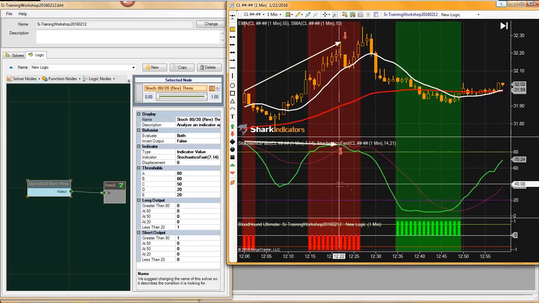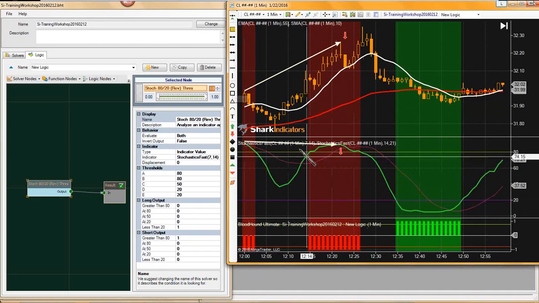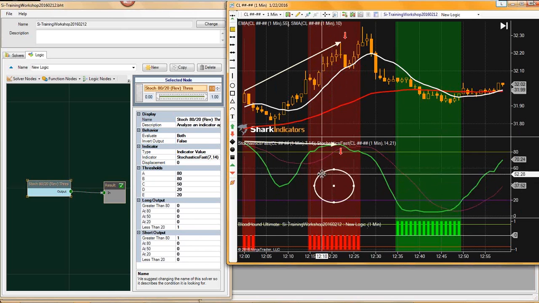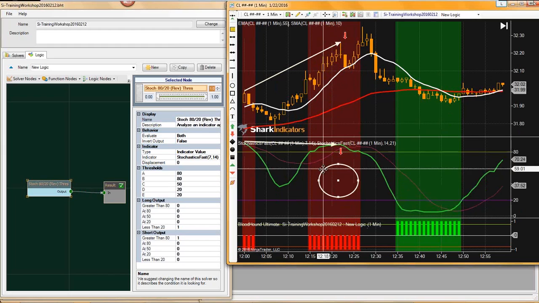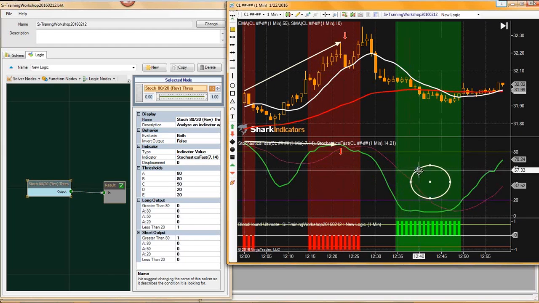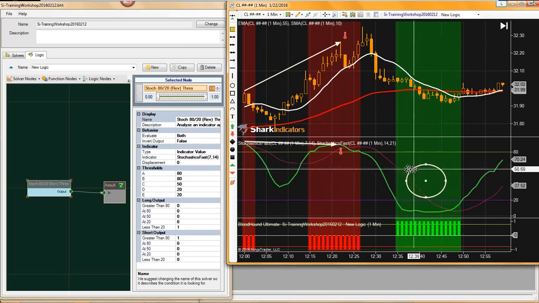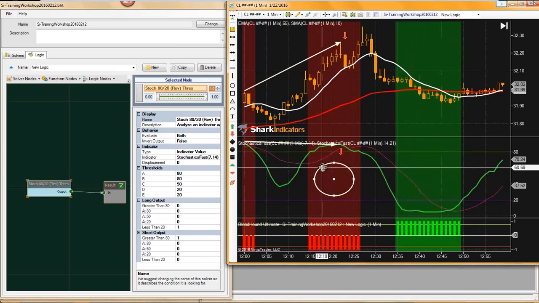So how do we block long trades when there's a potential short divergence, and how do we block short trades when there's a potential long divergence? We want to block short trades here, and we want to block long trades here.